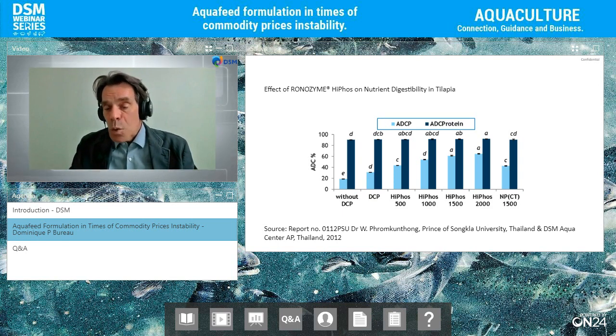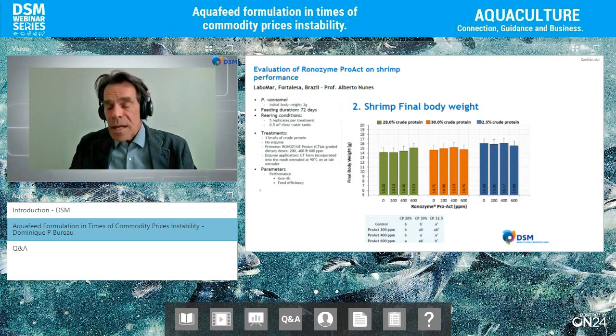There's also protease that you can use, DSM has a protease. Protease will not be that meaningful when you have a high-quality, higher protein feed. It will be more for marginal feed. So in this context of increase in risk and increase in price of commodities, you may seek to reduce the nutritional density of your feed to make a cheaper feed, to keep the price the same, right?